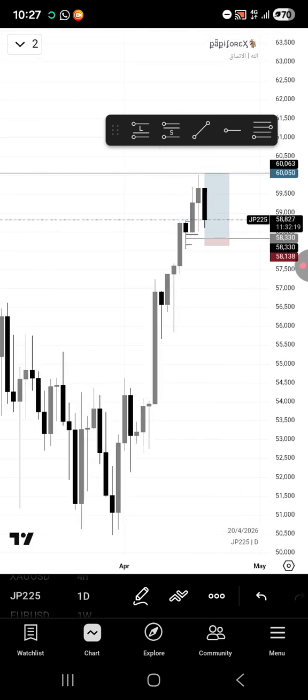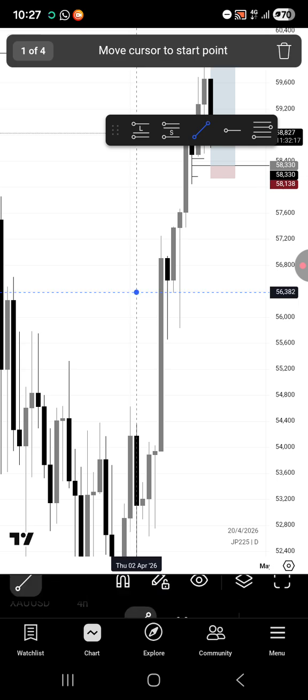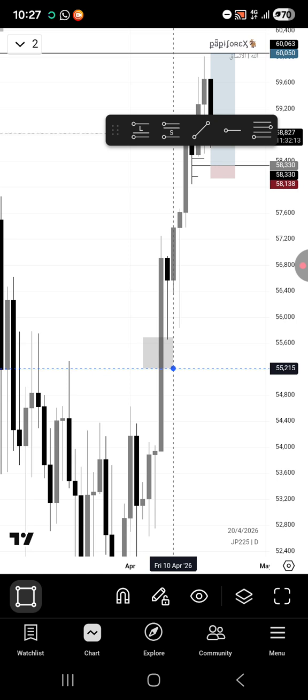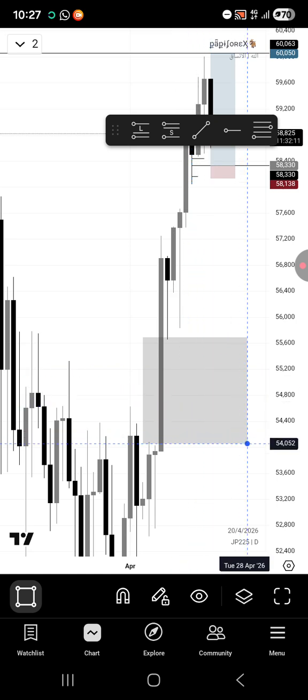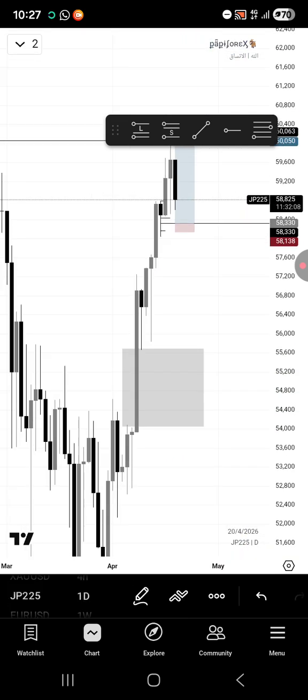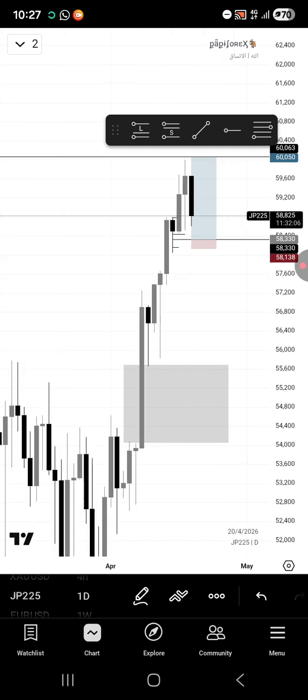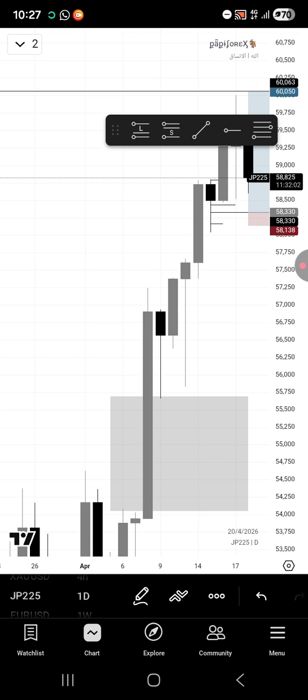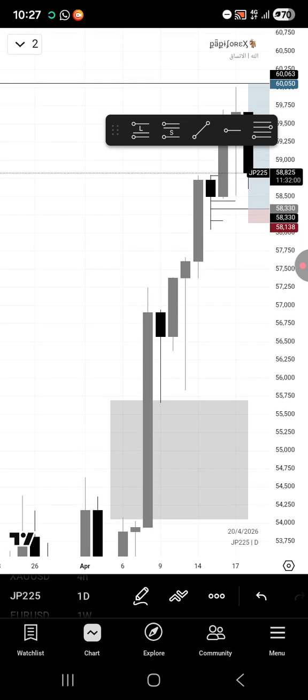We know that this is a fair value gap area. Right. So now the candle that causes this fair value gap, what did the candle do? It reacted. You understand?